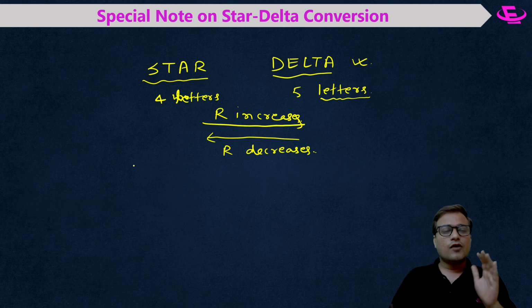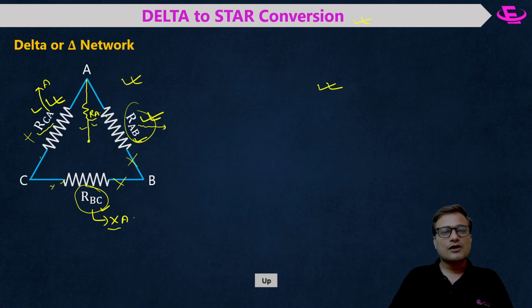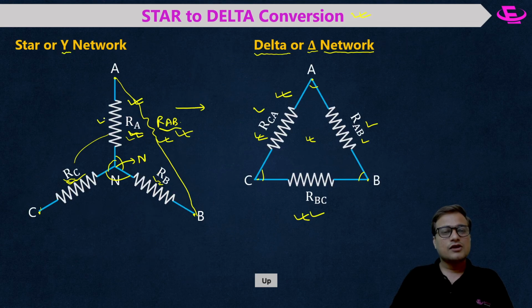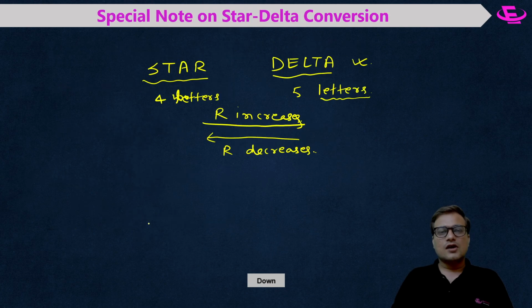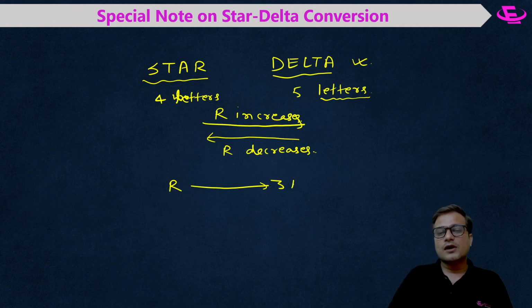Next, suppose all those three resistors are equal, and you are doing a star to delta conversion, and Ra, Rb and Rc are all equal to R. Clear? Then if you go from star to delta, in delta it will become 3R.